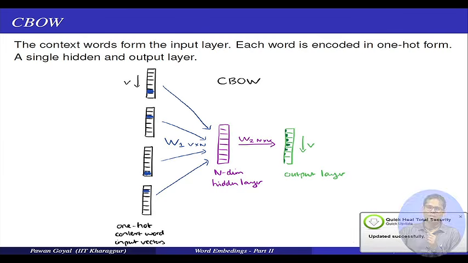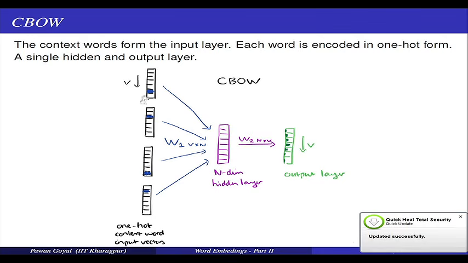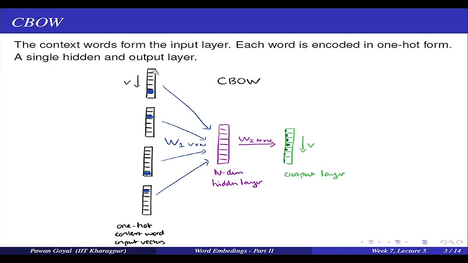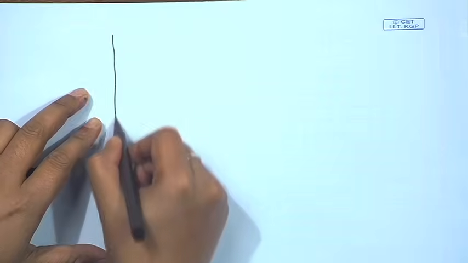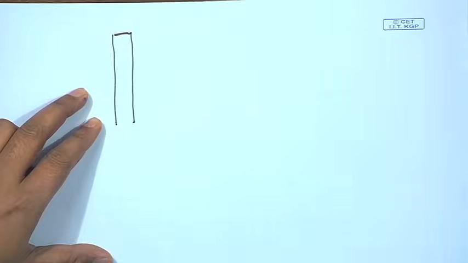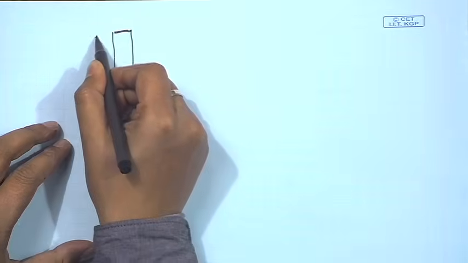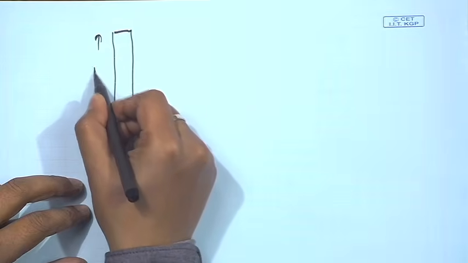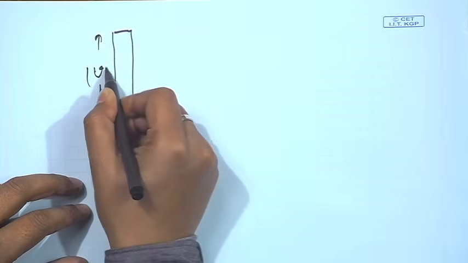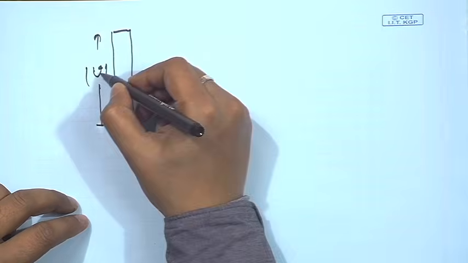In the input you have various column vectors. What do I mean by this? You are putting in one hot encoding as the input. I have a column vector of size v, where v is the size of my vocabulary.